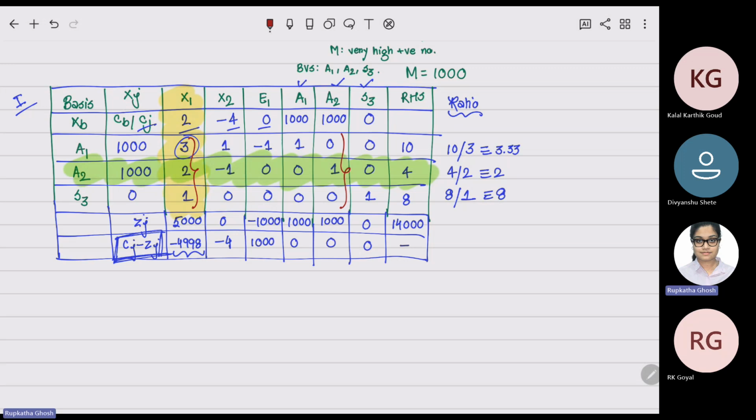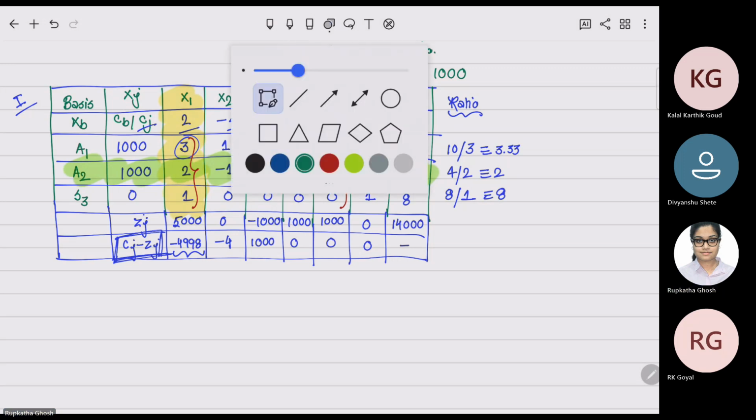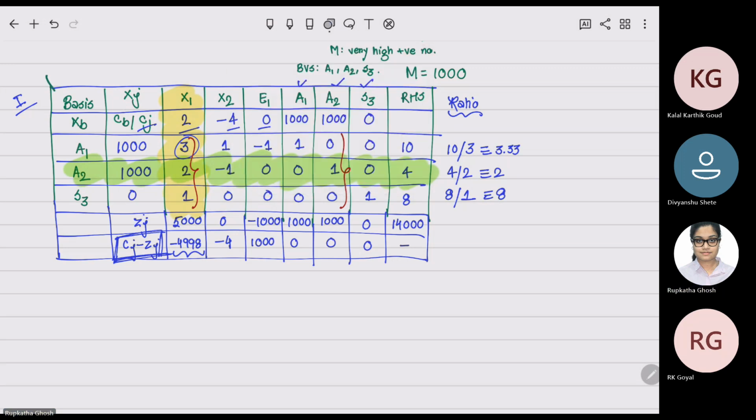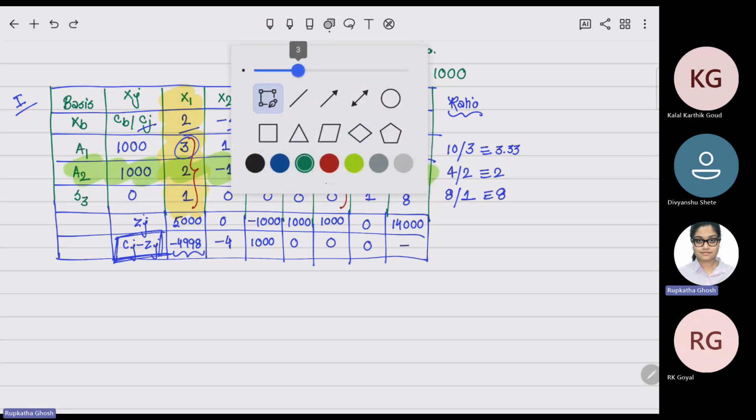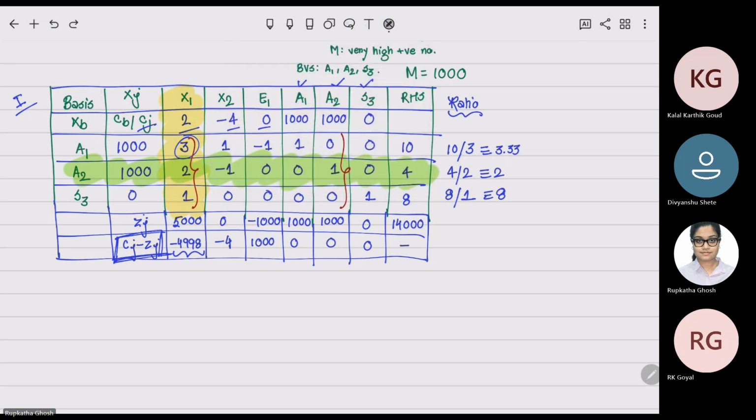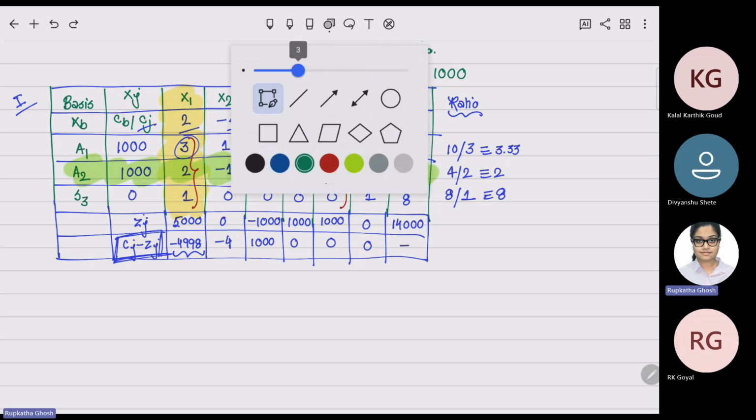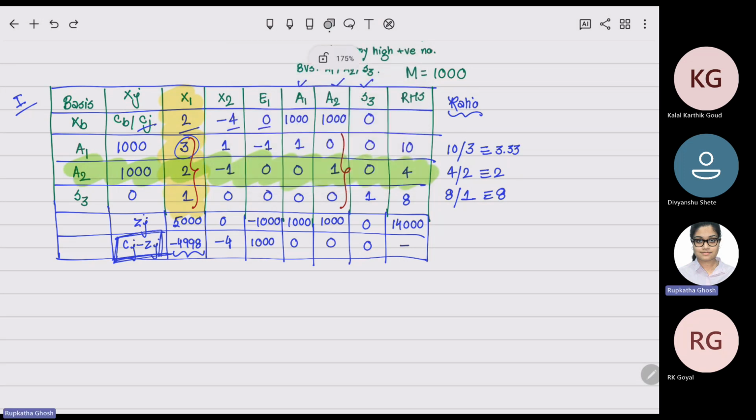And always remember, during the pivot operations, all the changes take place simultaneously. Okay, maybe I'll construct the table.